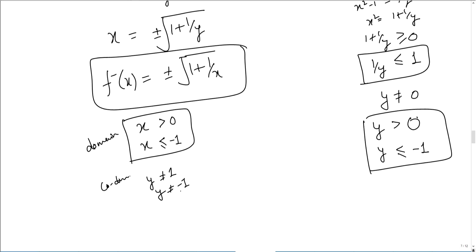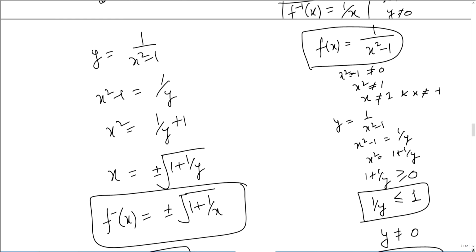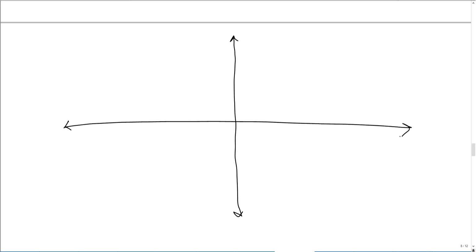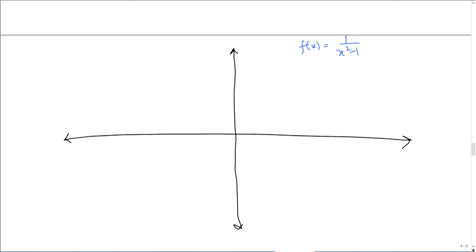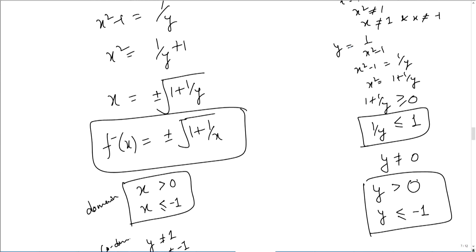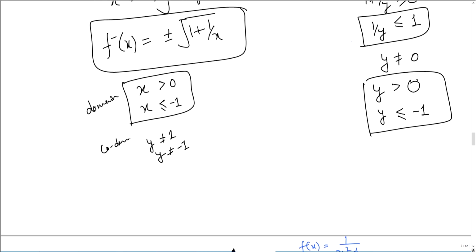So let us try to draw the graph of this function, 1 by x square minus 1. So the domain is x can take any value except 1 and minus 1.